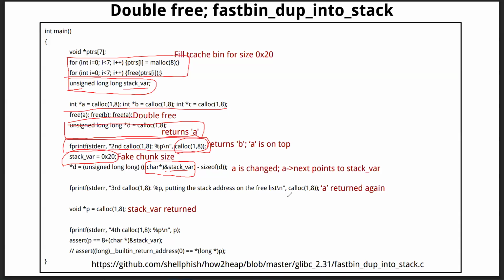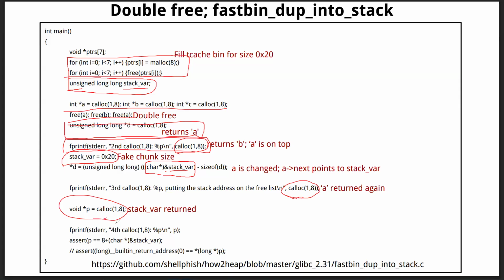After that, we calloc again. And this calloc, basically here, is where pointing to our stack local variable. We calloc again, and this one will take A. Then our stack variable will be our next. So when we do malloc again, here, we are going to malloc the address from the stack or anywhere we control.